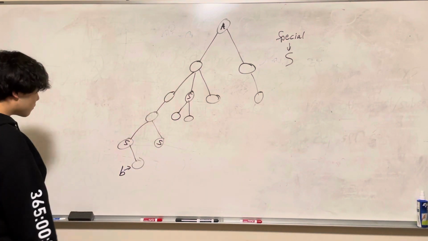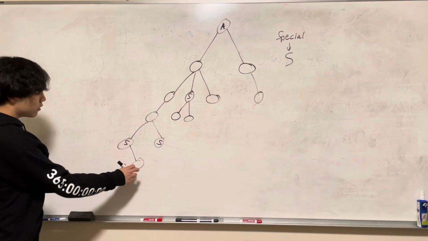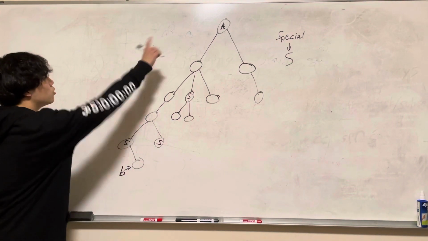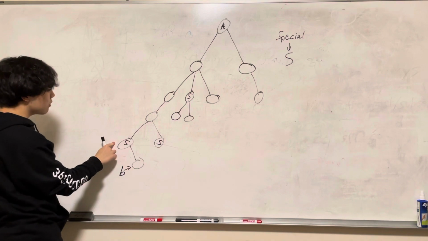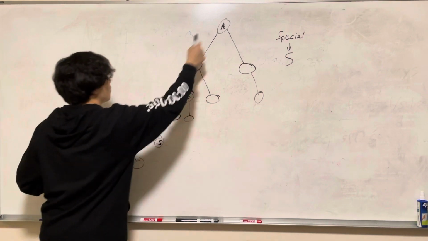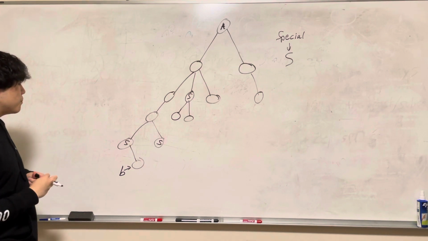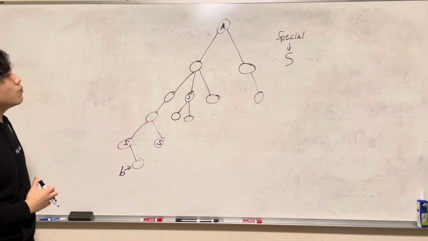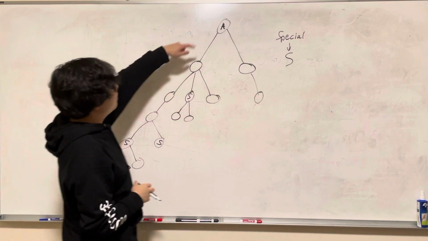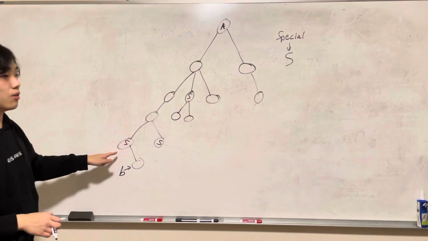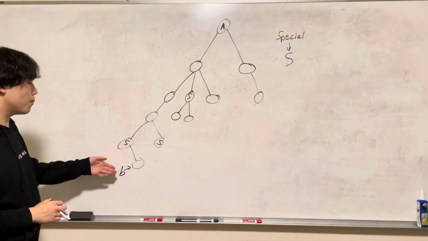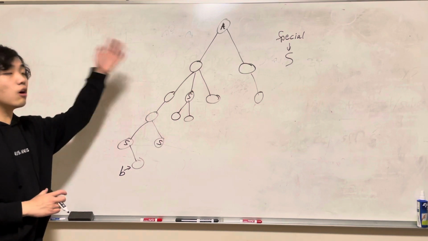But if we look at this path from B up to root A, this is a special node, and the rest of these aren't special nodes. So we can pick this node over here, and then we can retrieve the distance from A to the special node, and then the distance from the special node to B. And that's another possibility.